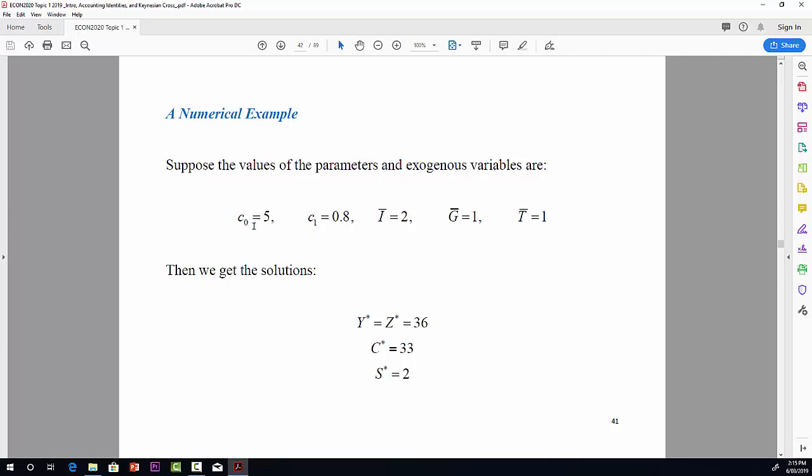So for C0, we're going to use the number 5, which is sort of a standard number, and C1 is 0.8, another standard number. You can also get estimates for how much investment is going on. Think of this maybe as being in units of billions of dollars. So $2 billion worth of investment, some government expenditure, $1 billion, and then some net taxes, $1 billion also.